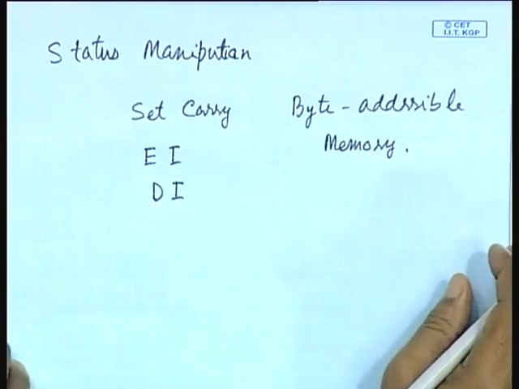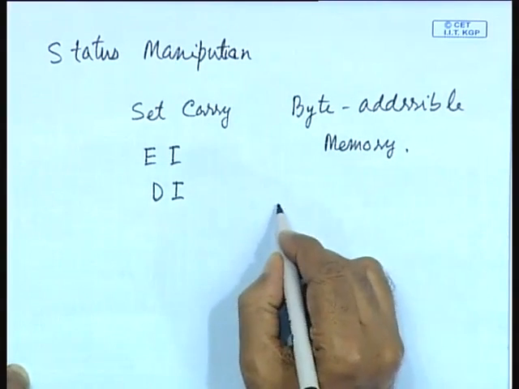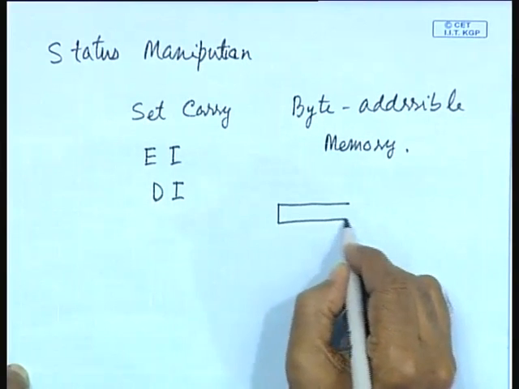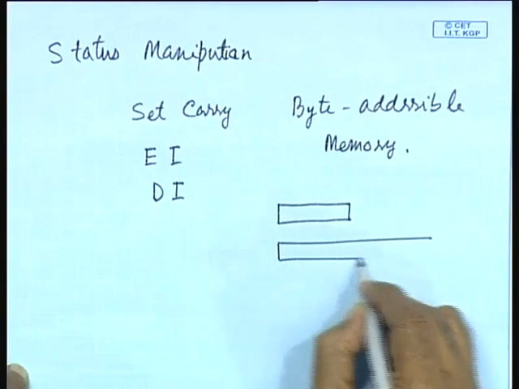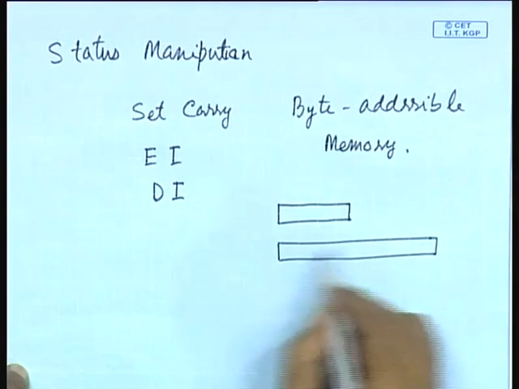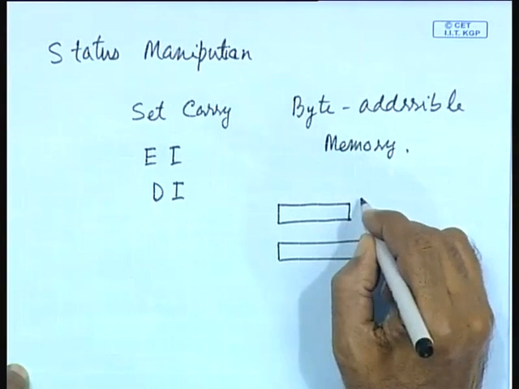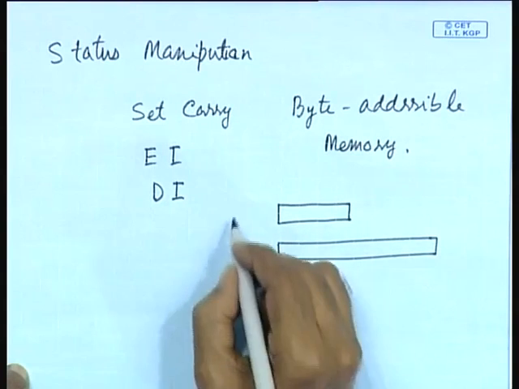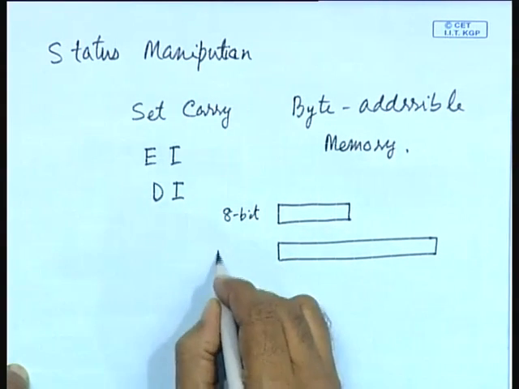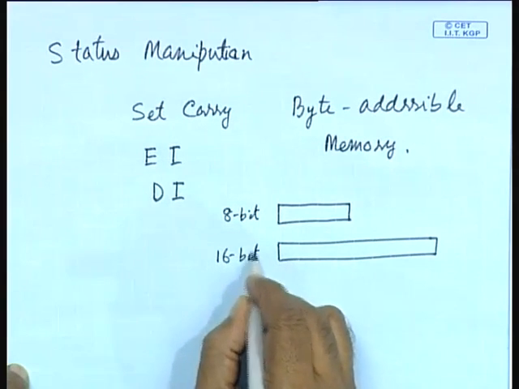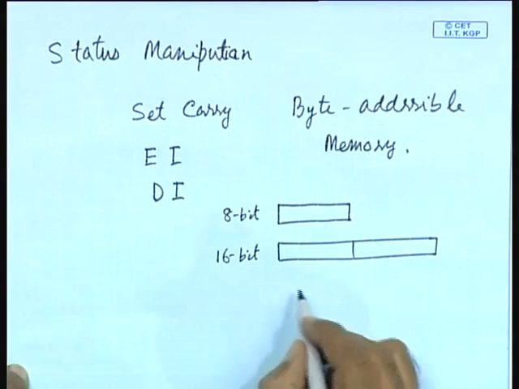So, your instruction has to be either 8 bit, 1 byte, or 16 bit, or 32 bit, 4 bytes. Normally it is 8 bit for an 8 bit processor, 16 bit for a 16 bit processor.